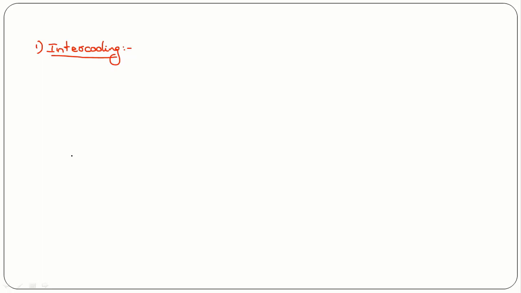In the multi-stage compression, initially we will be considering a compressor like this. We call it the low pressure compressor, LPC. Into this low pressure compressor air enters at condition 1, gets compressed and comes out at condition 2.